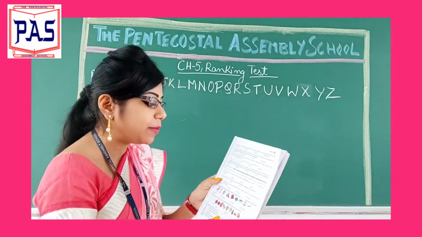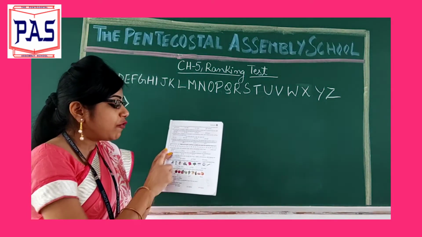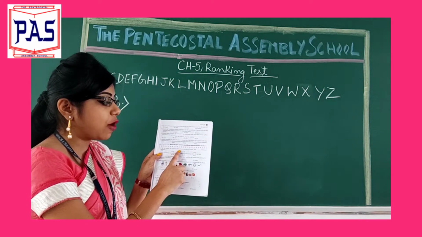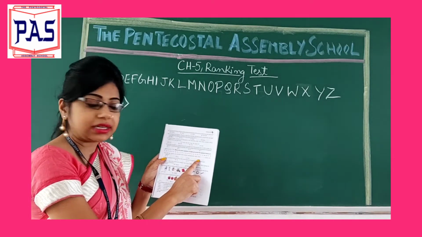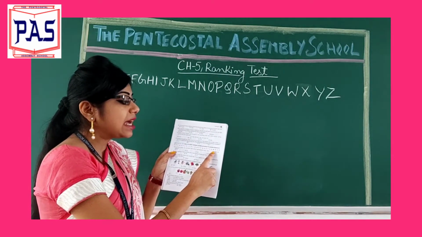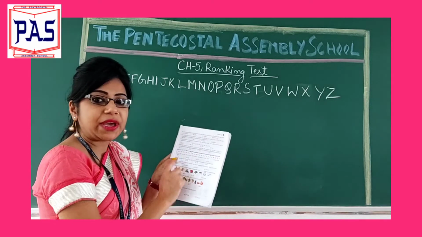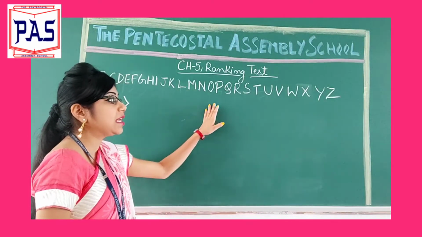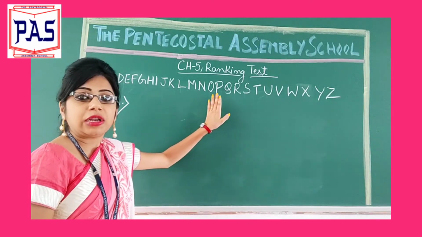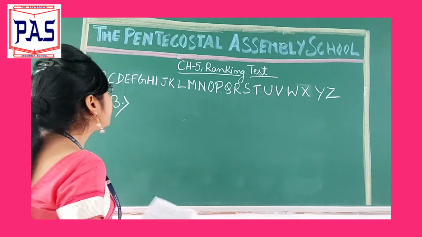So question number 13 is saying that if all the vowels are removed from the above alphabetical series, then dash comes just before P. So we have to remove all the vowels.